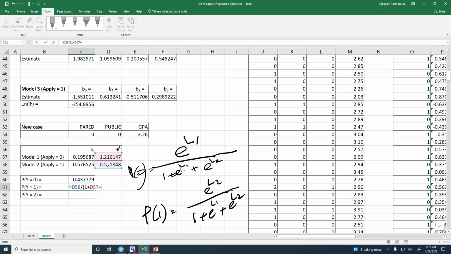The denominator is the same for both situations. So for the first one you use the first e to the power of L, for the second one you use the second one. So that gives you this, and then because the three probabilities need to sum to 1, you subtract those two from 1 and you get the probability.